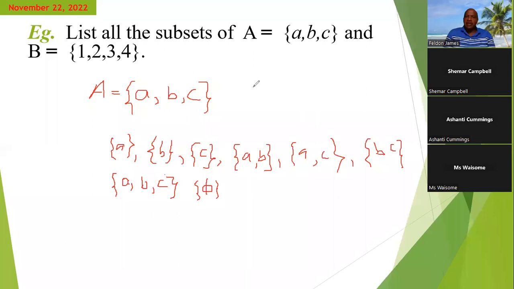And for you to say that the set itself is a subset of itself, it's kind of contradicting in the sense to say it is a subset because sub means under. It's a set which is under a bigger set, right? But anyways, we may call it an improper subset.